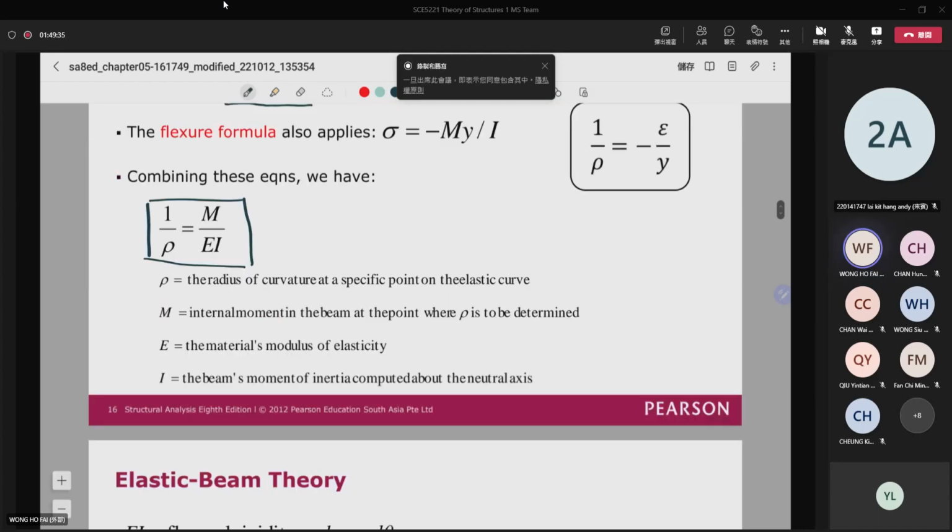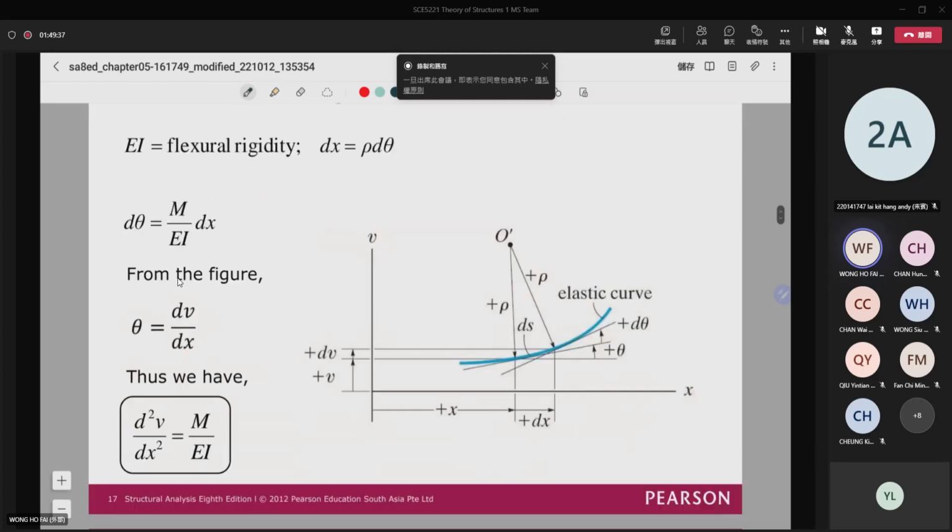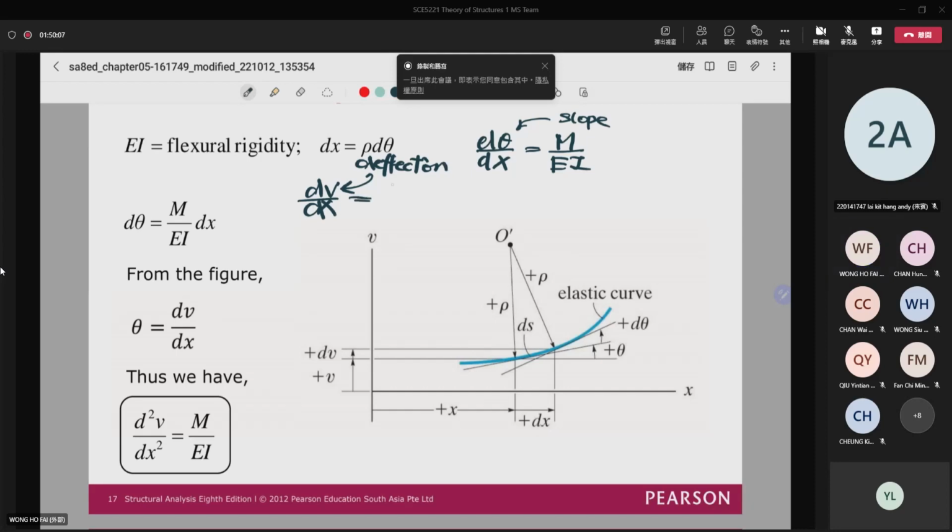The most important relationship is that we can show that d theta over dx is equal to M over EI. Theta is the slope of your structure. And dv/dx, where v is the deflection of the structure, is equal to theta.